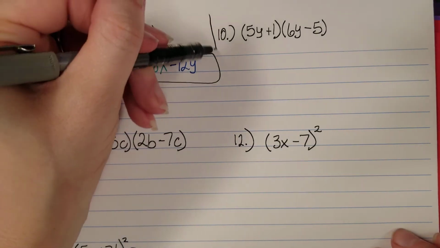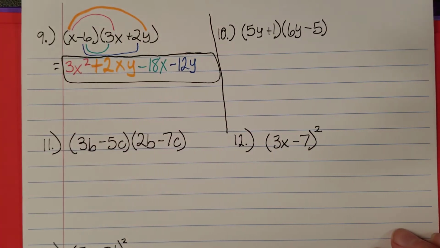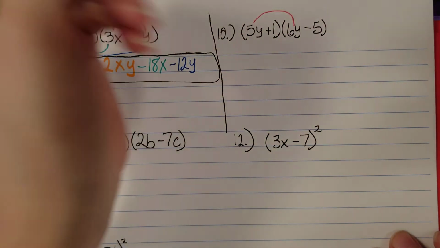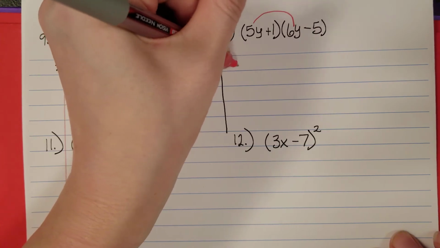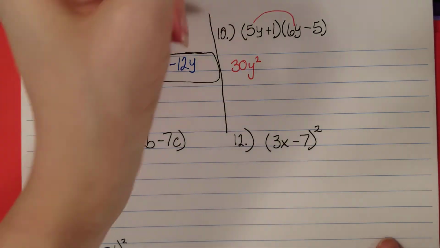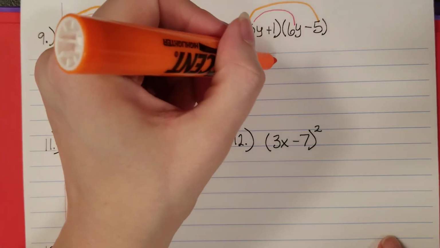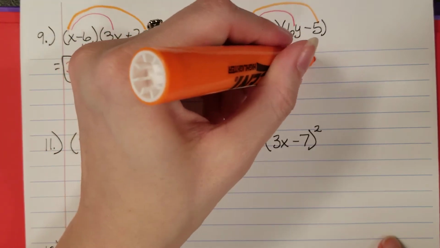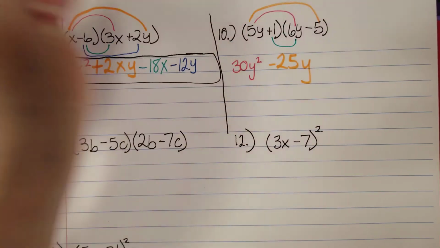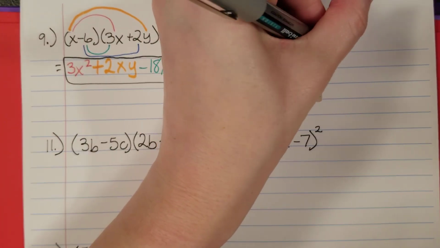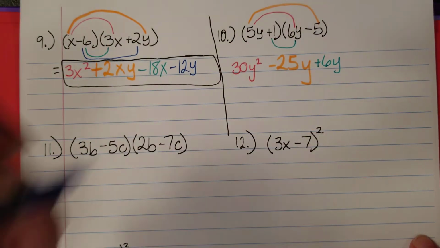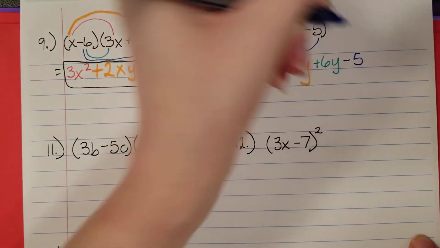All right, number 10. First, 5y times 6y is 30y squared. Outside, 5y times negative 5 would be negative 25y. Inside, 1 times 6y would be plus 6y. And last, 1 times negative 5 would be minus 5.